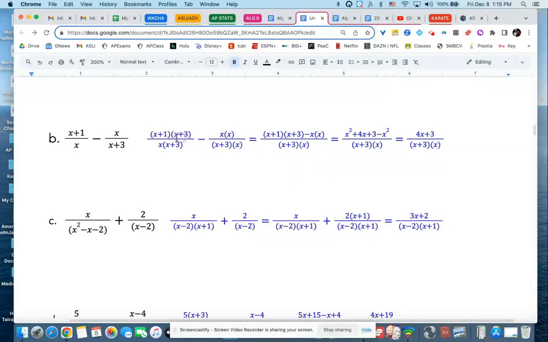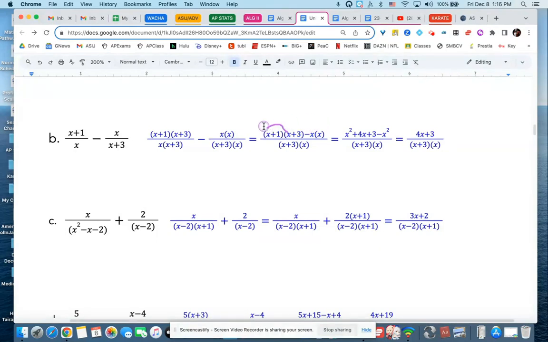All right, so we found our common denominator. Now I have to take the tops and combine those under one common denominator, which you can do because the denominators are the same. Once I get that, you can see that all this stuff over here is now over here. Then it's just a matter of simplifying.